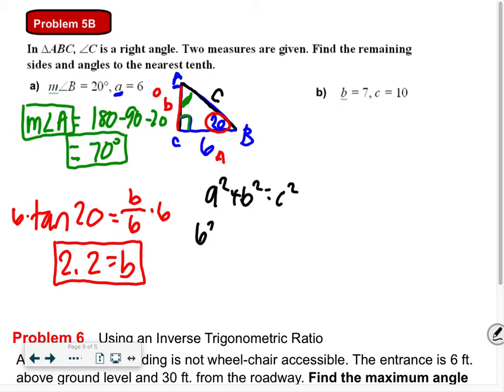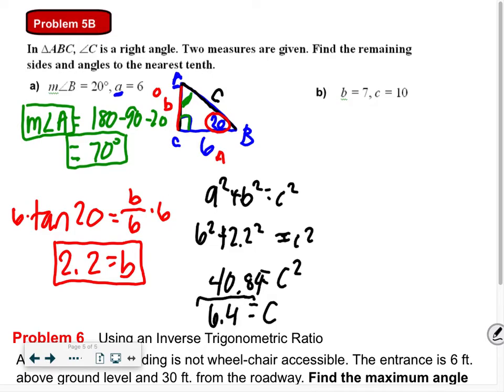So 6 squared plus 2.2 squared equals c squared. My c squared is 40.84 when I square and add. So my c is 6.4. And those are all my missing sides and angles.